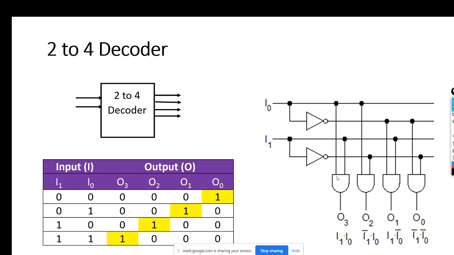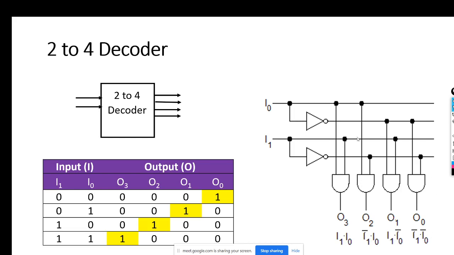For example, one AND gate will have both I0 and I1 as they are. Another one, both I0 and I1 are complemented, or bar. The other two are going to have one of I1 or I0 as it is, and the other one bar. So those are the four combinations: I1 I0, I1 bar I0, I1 I0 bar, and I1 bar I0 bar.